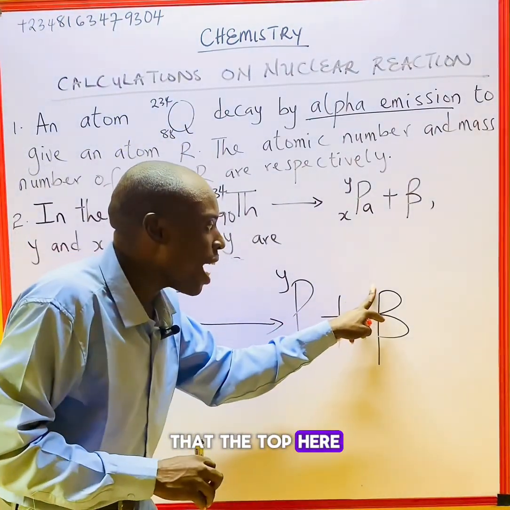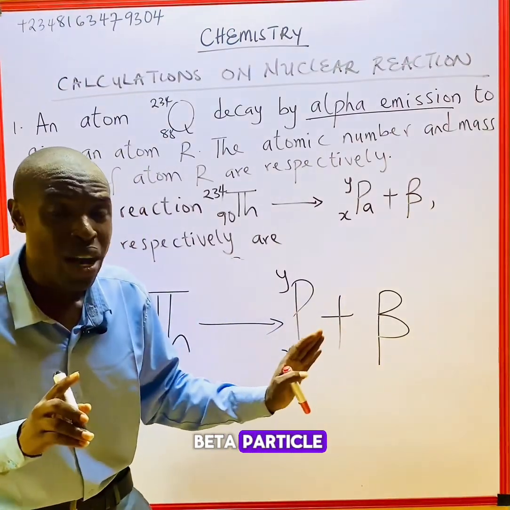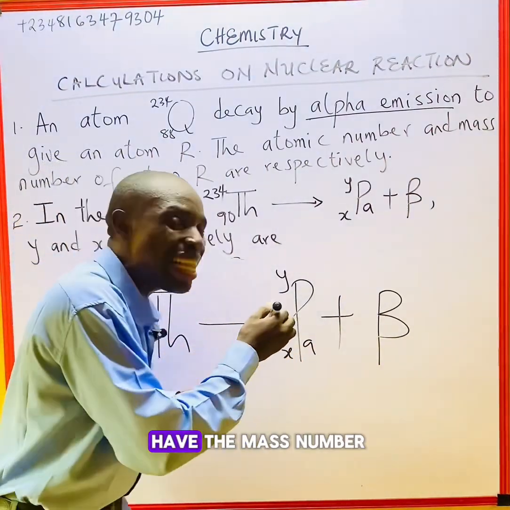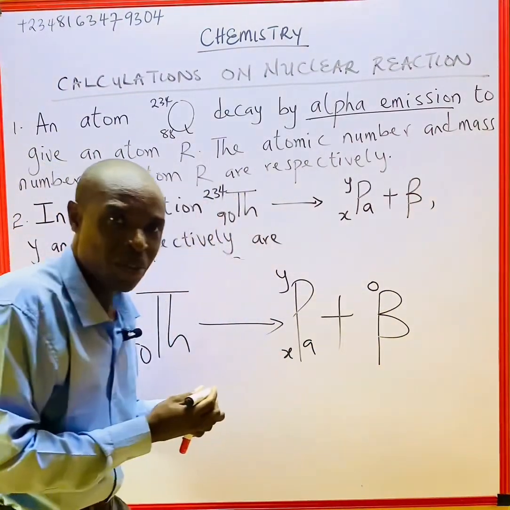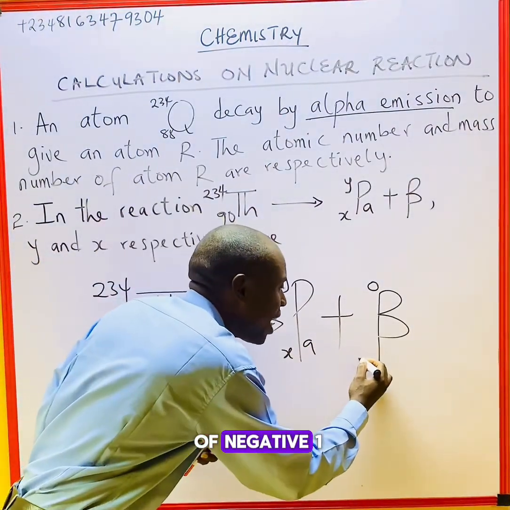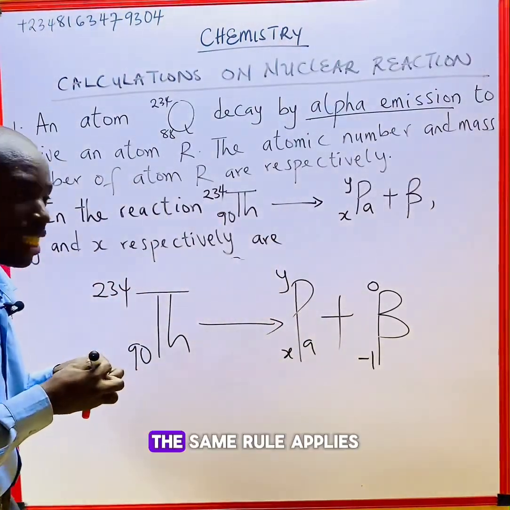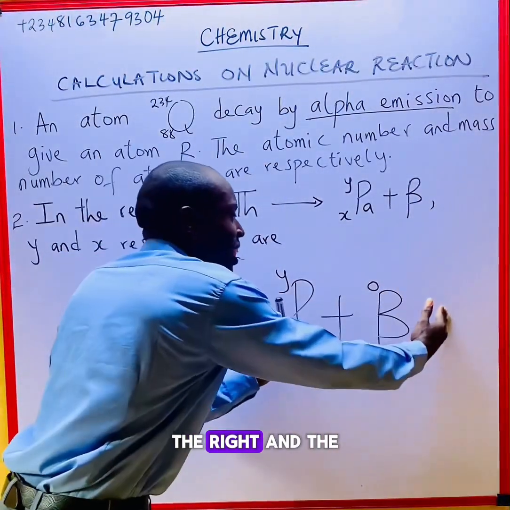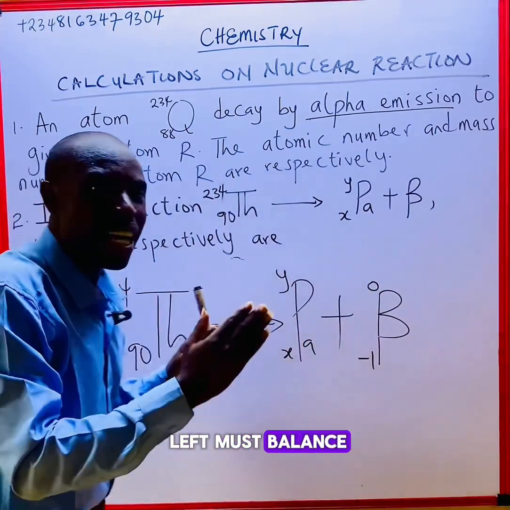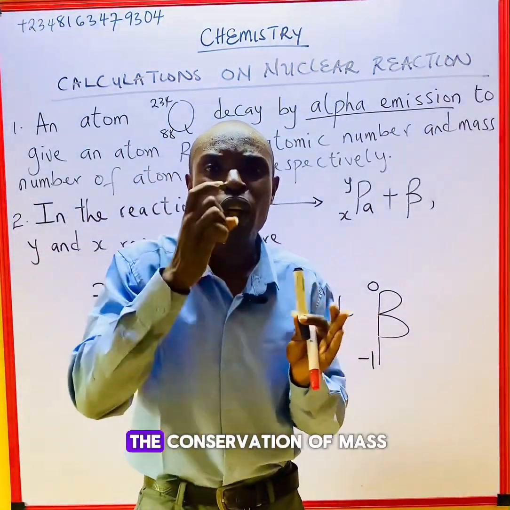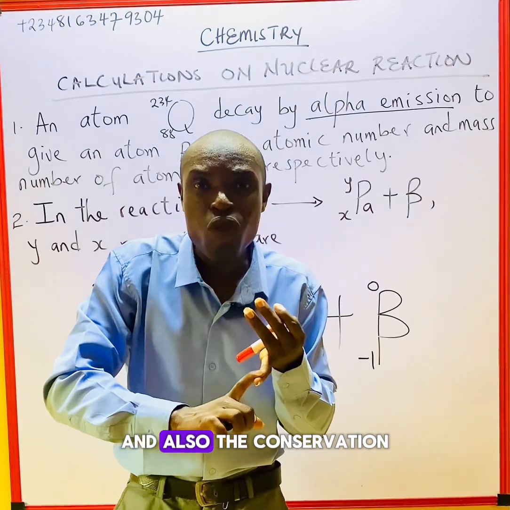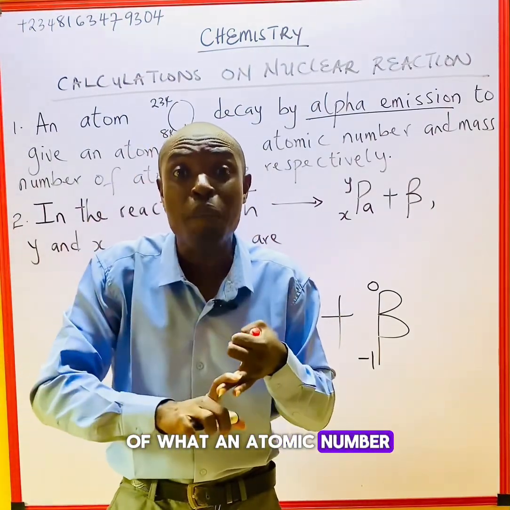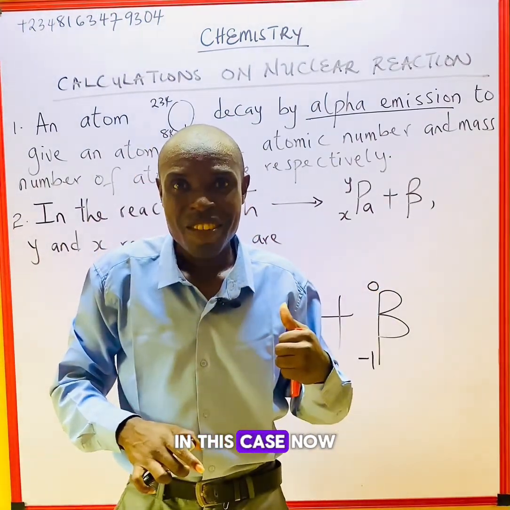That this here is a beta particle, and a beta particle has the mass number of 0 and the atomic number of minus 1. The same rule applies. The right and the left must be balanced, obeying the law of the conservation of mass and also the conservation of atomic number in this case.